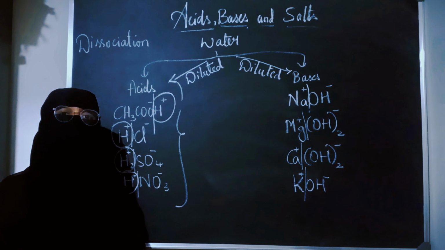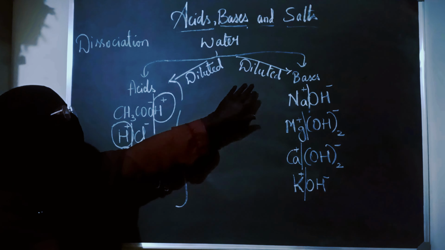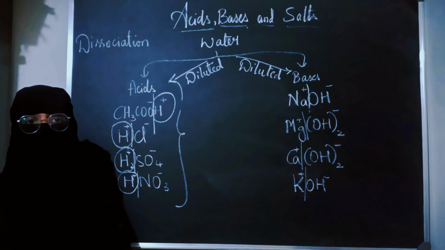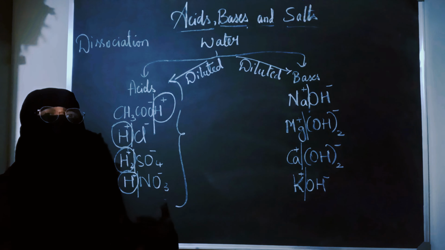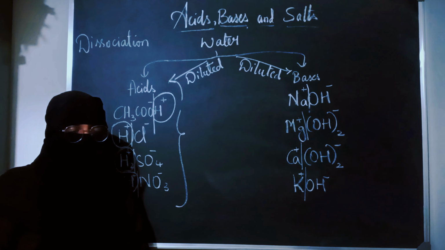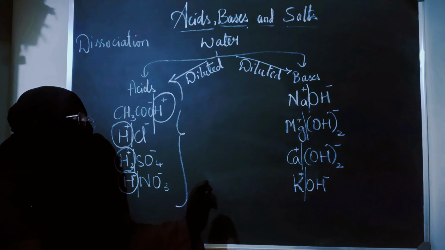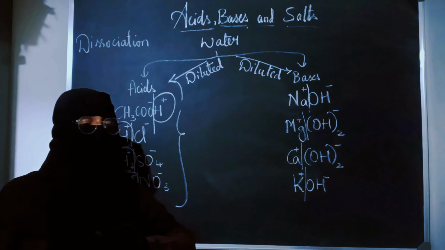So whenever water is added to either acid or base, the process of dilution will take place due to the dissociation of ions into the water. If it is an acid, the H plus ion which is produced reacts with the water present in the environment and becomes the hydronium ion, H3O plus, and the bases will have OH minus ions in common.